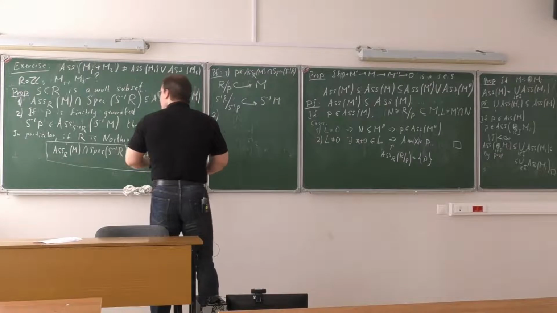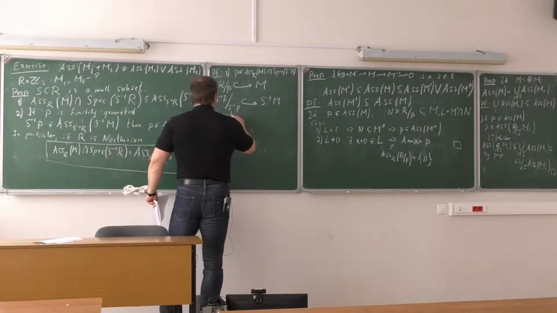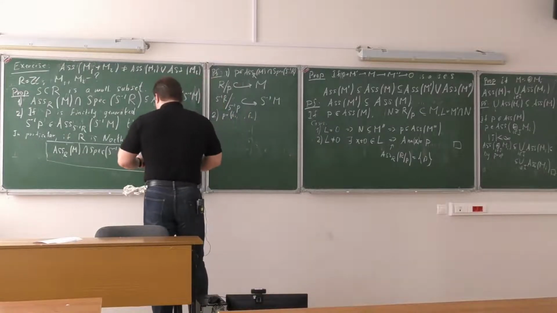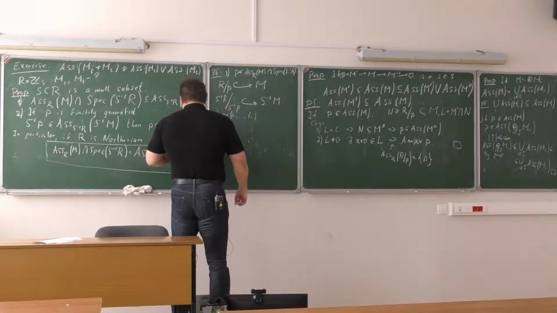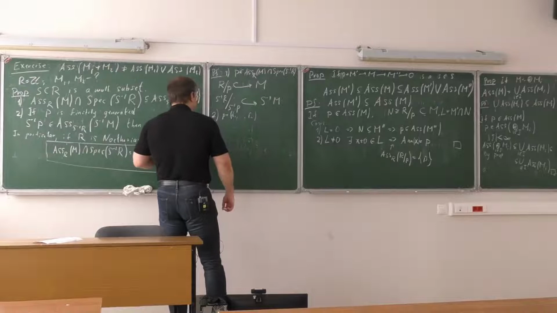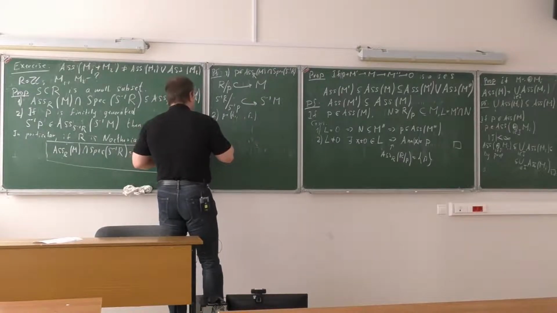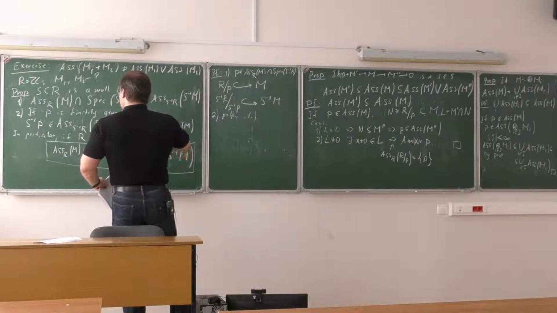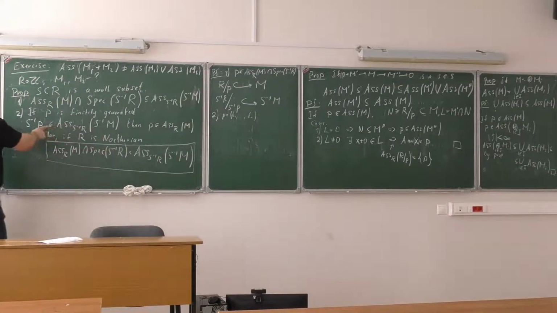So second part. For the second part I need to fix some notation. So let me say that P is generated by F1 up to Fn. So this is notation for the generators of this prime ideal. Okay, so what we know is that the localization is an associated prime for the localization of the module.